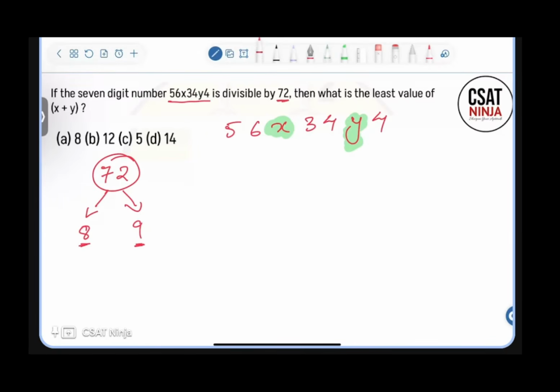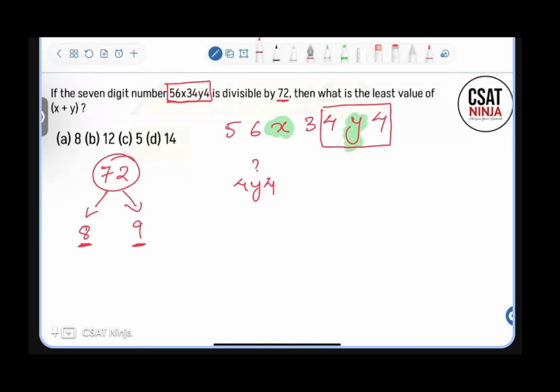So in other words, this number should be divisible by 8 as well as 9. Can we start with 8? This number is divisible by 8 only when the last 3 digits are divisible by 8. Last 3 digits here, 4y4. I don't know the value of y here.